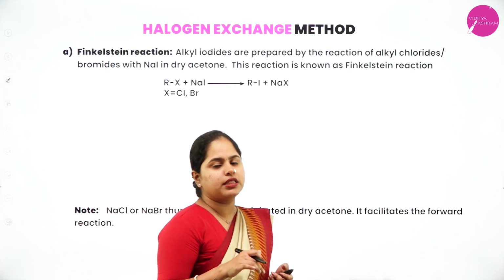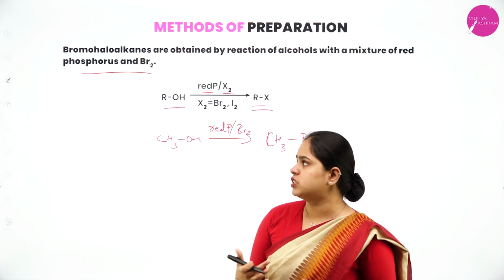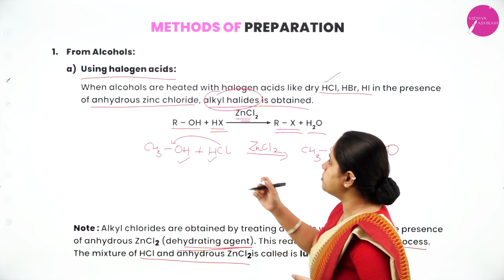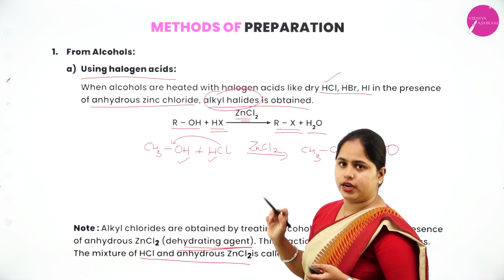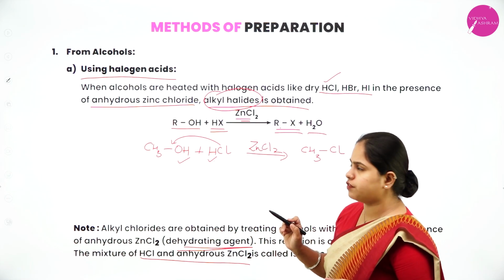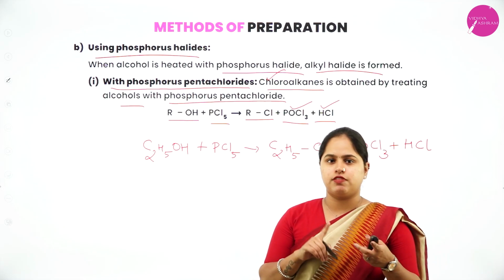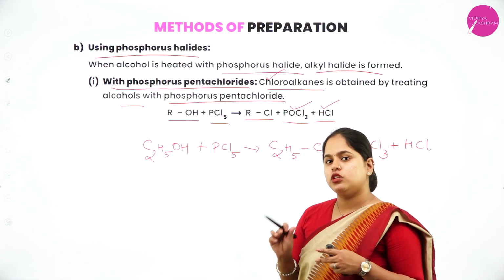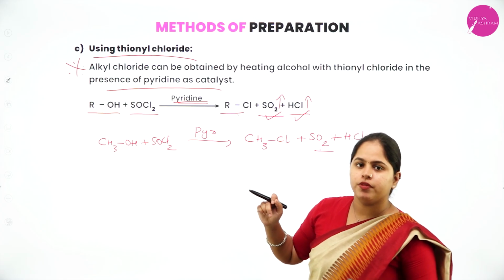So till now the methods we have discussed all come under preparation from alcohols, right? From alcohols, which methods can we use? The first method was using halogen acids with anhydrous zinc chloride in presence of that, right? The next one is phosphorus halides, PCl3 as well as PCl5. The byproducts are also important to be remembered, and the next one was from thionyl chloride.